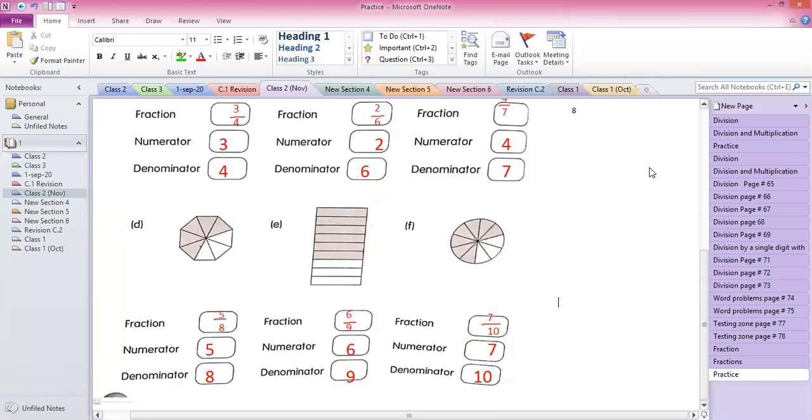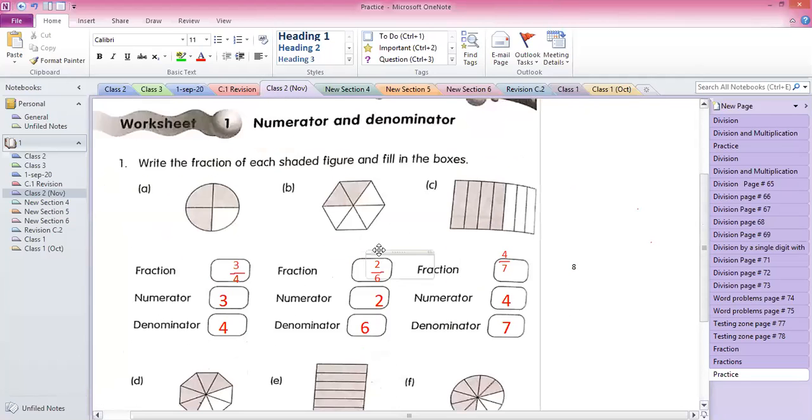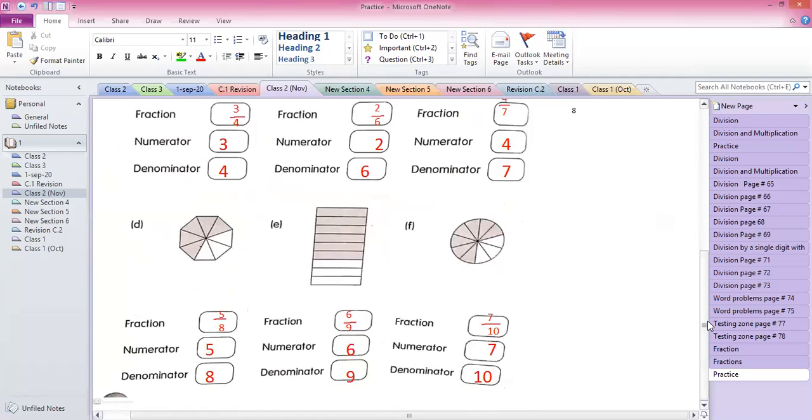So in figure A, guys, you have a total of 4 parts, and 3 parts out of 4 parts are shaded. In figure B, there are a total of 6 equal parts. Out of 6 equal parts, 2 parts are shaded. In figure C, there are a total of 7 parts. 4 parts out of 7 parts are shaded. In figure D, there are a total of 8 parts, and 5 parts are shaded out of 8 parts.